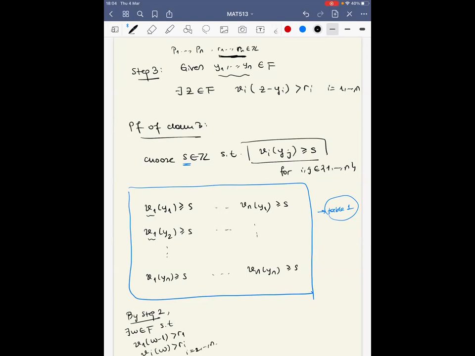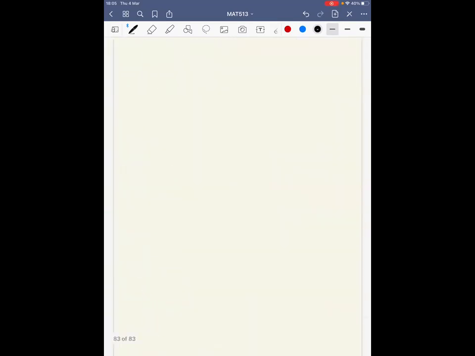So here, instead of taking the integers as R1 up to Rn, for fixed S, we may also consider the integers Ri minus S. And by using the existence of such a function, we can guarantee that there are n many functions. In other words, by step 2, we can choose n functions, omega i's, that satisfy these two conditions.